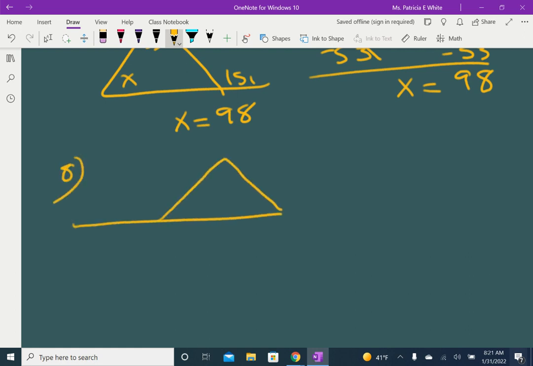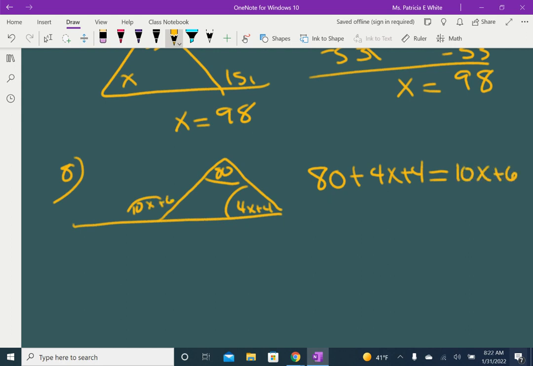So this one, exactly the same equation, 80 and 4x plus 4, 80 plus 4x plus 4. They're my two interior angles. They are going to equal to, I'm going to put my equal sign, my exterior angle is 10x plus 6.